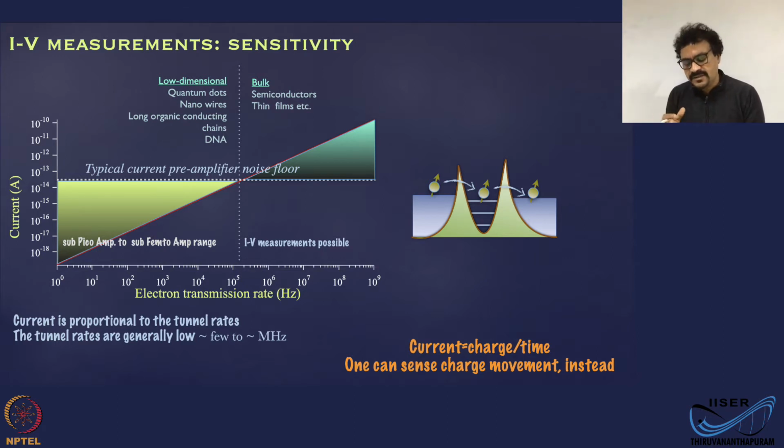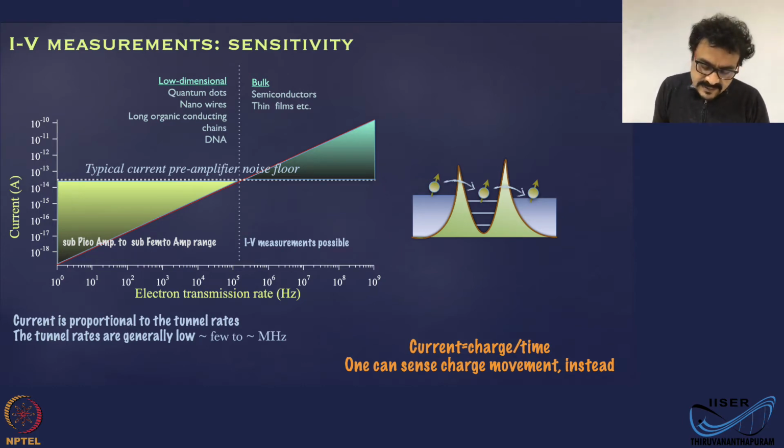The IV measurements are the conventional transport measurements. Okay. So what I have here is a representative plot of electron transmission rate and the current on the y-axis, and of course it is actually going to be a straight line.